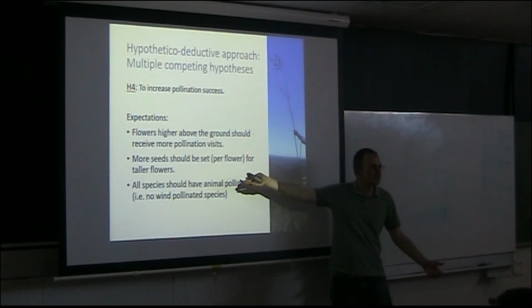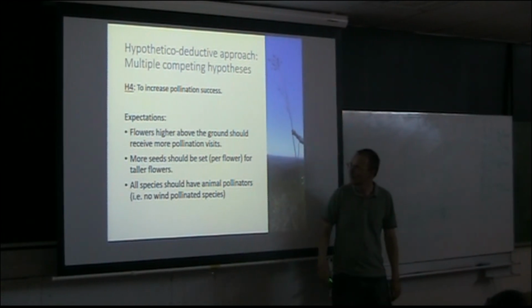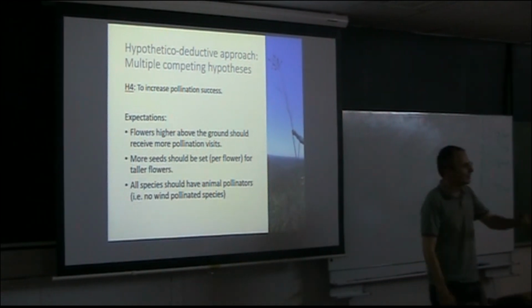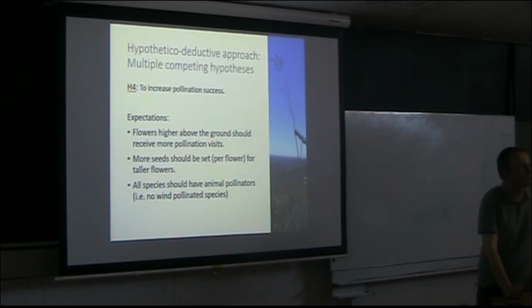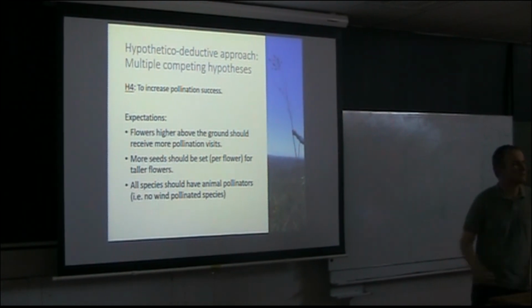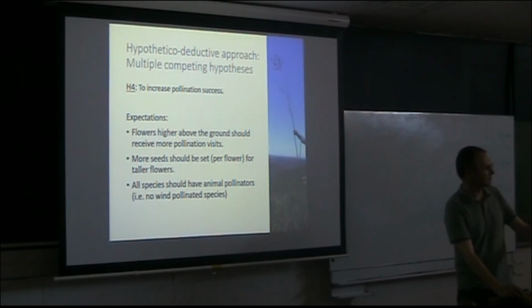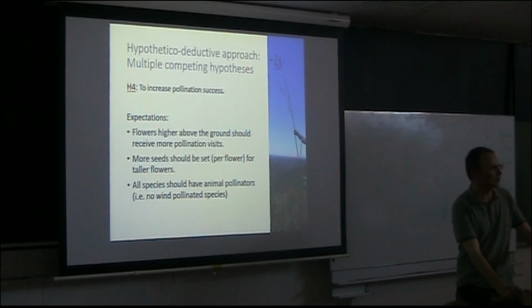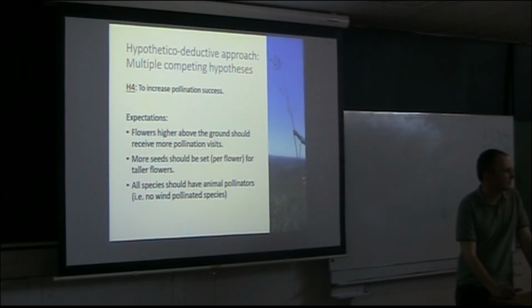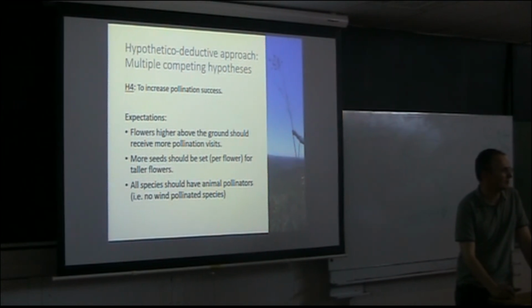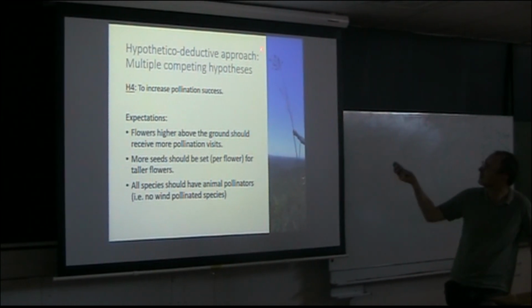There should be more seeds set per flower, and also importantly, if it's visibility for increasing pollination success, then there must be animal pollinators, insects or birds or something that can move and see them. Because wind pollination would be quite difficult. If it's wind pollination, we expect a lot of pollen to be produced.